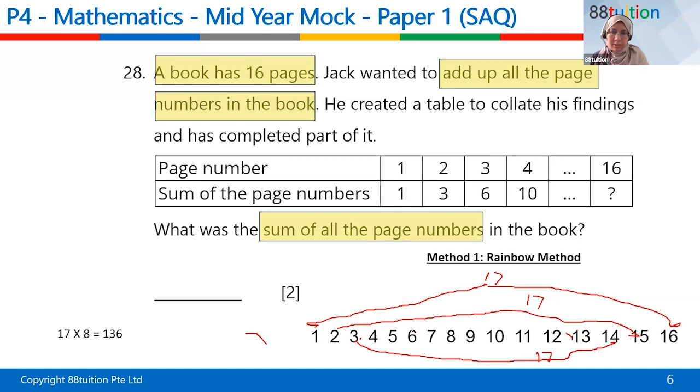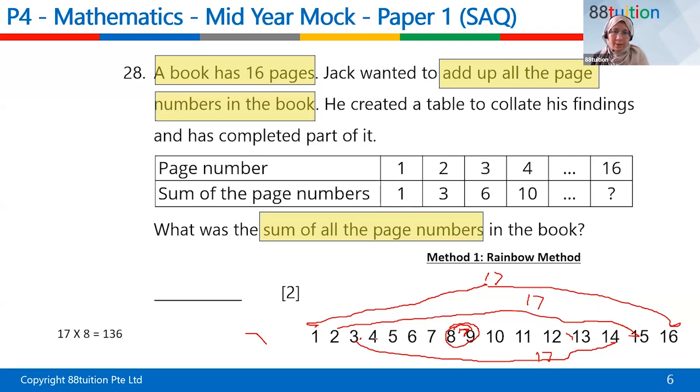Do you see that everything adds up to 17? So 1 over here plus 16 in the other corner will give you 17. If you keep doing so, you will end up with 8 plus 9 giving you 17. All right? So how many sets of 17 do you have? 8 and 9 is one set of 17. 7 and 10 is another set. 6 and 11 is the third set. 5 and 12 is the fourth set.